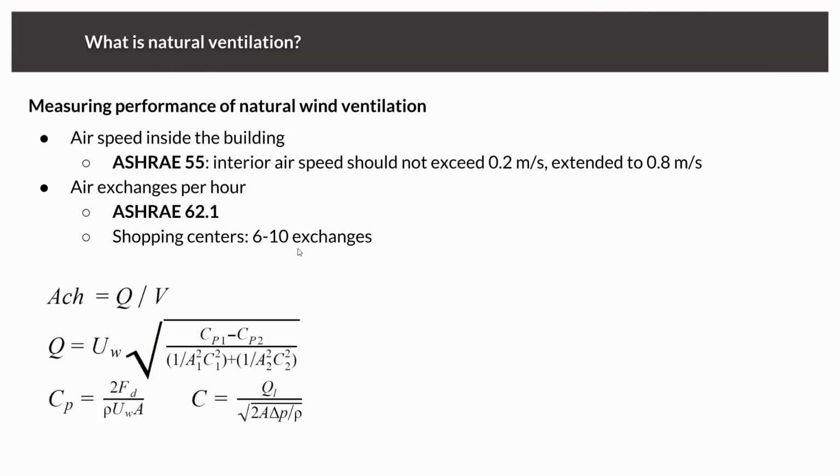The next thing is that you need a certain air exchange rate. The air exchange rate is defined as the mass flow or the volume flow going into your building, divided by the volume of the building itself. And these two things are contrary, because if you want a high air exchange, you need high volume flow, so high airspeed, but this will create draft.